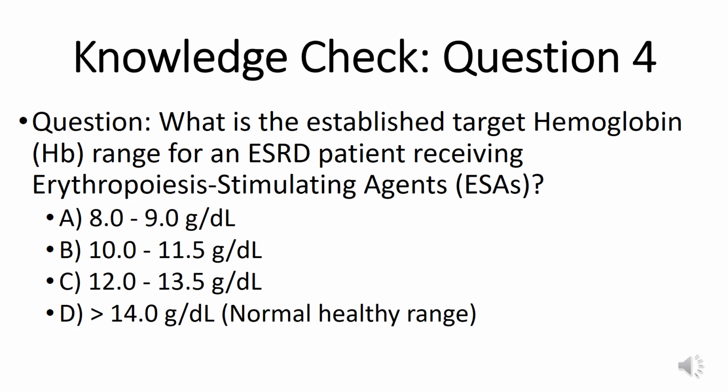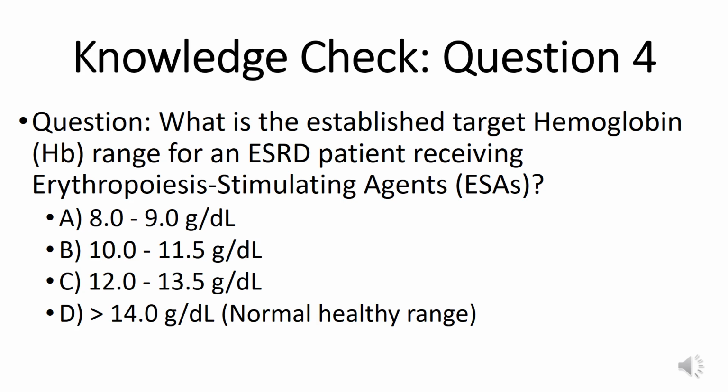Pushing hemoglobin to these values may increase cardiovascular risk. A hemoglobin concentration above 14 grams per deciliter reflects the normal range for healthy individuals, but this is not the desired target in patients receiving erythropoiesis-stimulating agents for end-stage renal disease-related anemia.